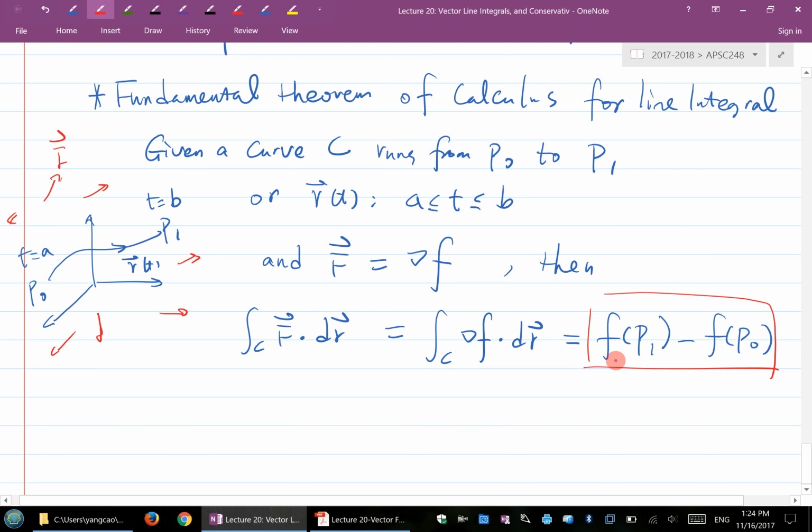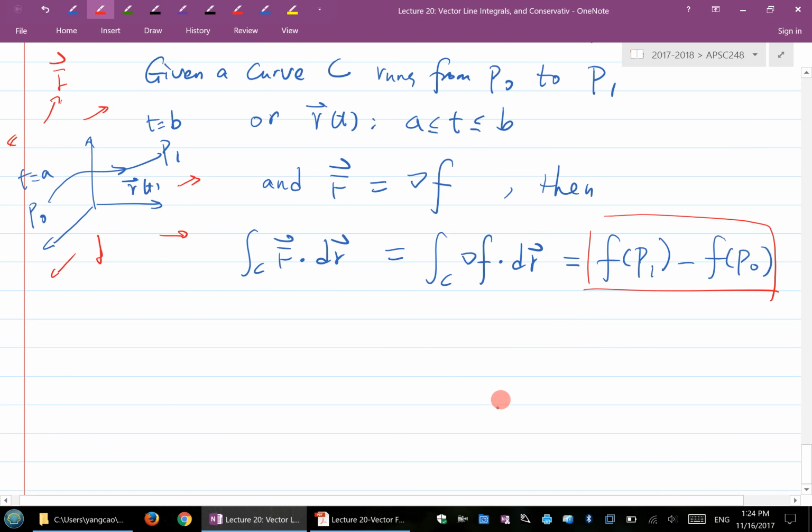It's actually quite straightforward, isn't it? Because if you think in terms of a gravitational field, or any work done in a gravitational field, when you go from P0 to P1, does the route matter? No, right? All that matters is the starting point and the ending point.